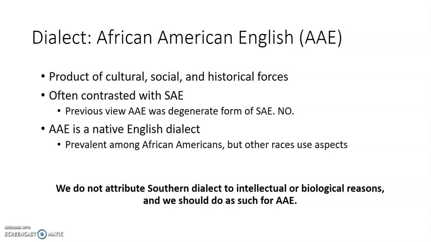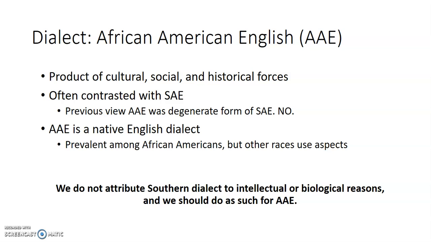Essentially, what we've tried to do moving forward in speech pathology and as a communication society as a whole is stop that comparison and understand that it is a dialect and it has its own rules and its own system, and it is not a degenerate form of Standard American English. It is its own dialect.